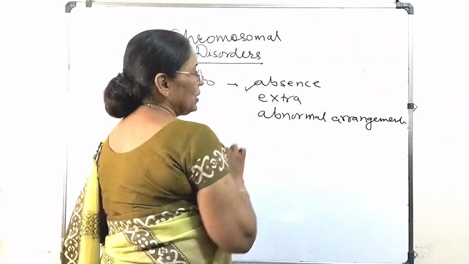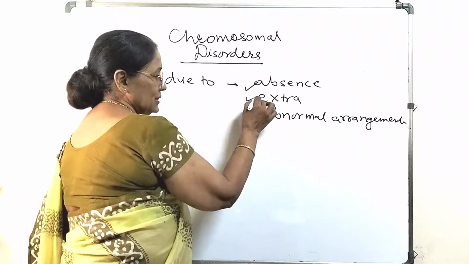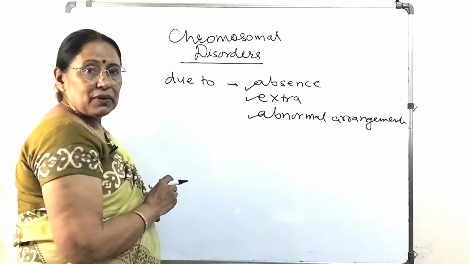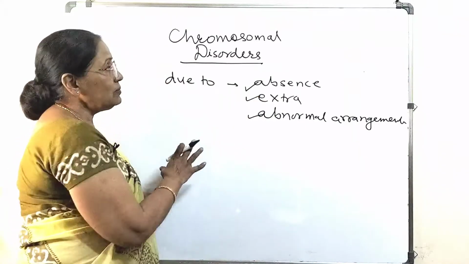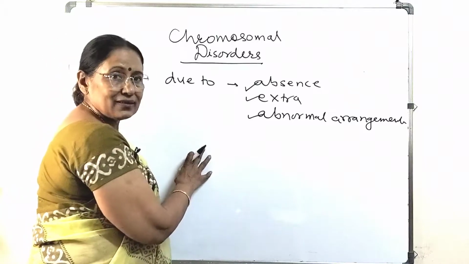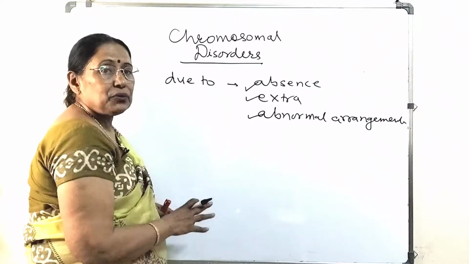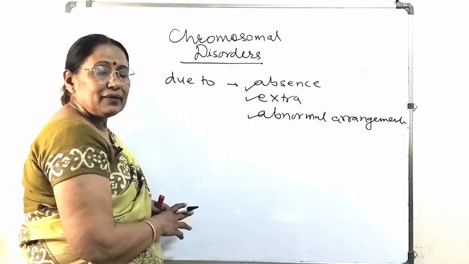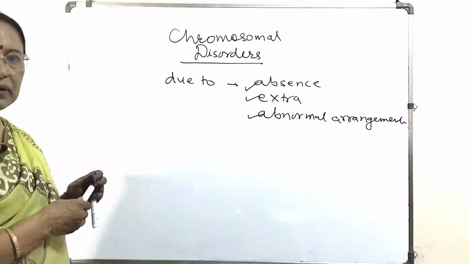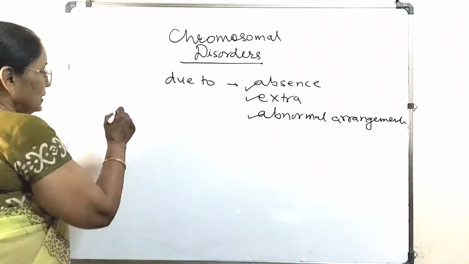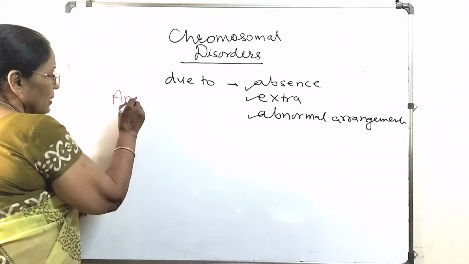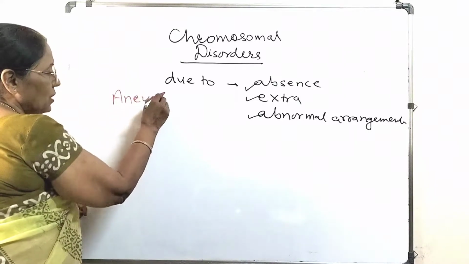Let us see how. Due to absence, due to extra, or due to abnormal arrangement of the chromosome, the chromosomal disorders occur. And they do not follow the Mendelian principles. First, let us see how aneuploidy occurs.